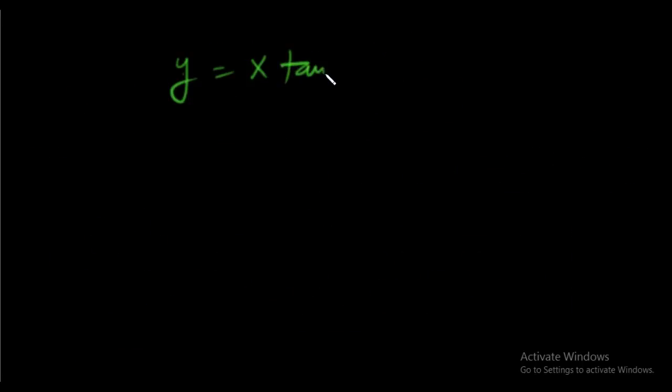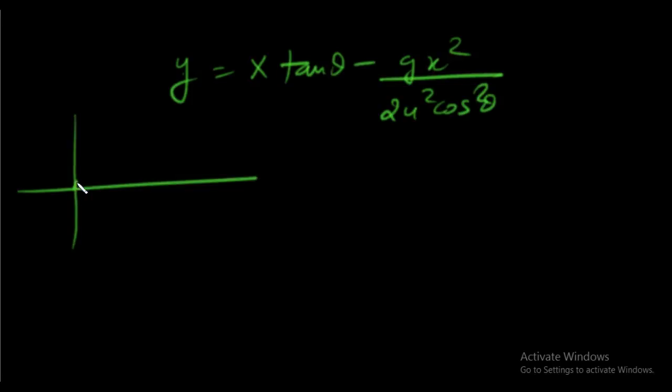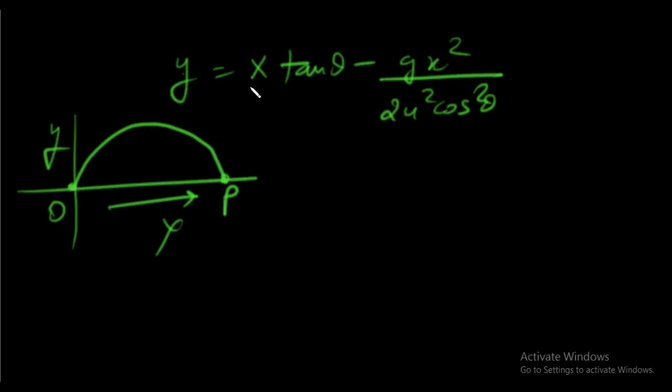Okay, x tan theta minus g x square by 2 u square cos square theta has another conclusion also. We earlier saw that the projectile is thrown from O and reached P, right? So there are 2 points where y is 0, because this is x, this is y, so y would be 0 at O and P. So we equate y to 0 and find the points x where y becomes 0.